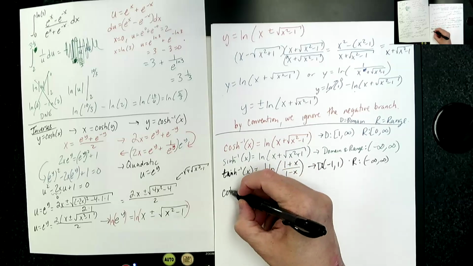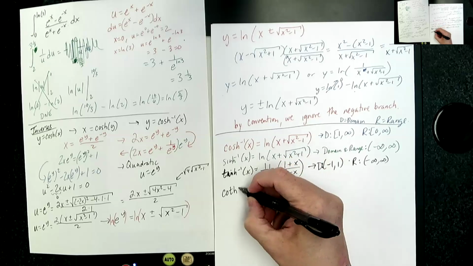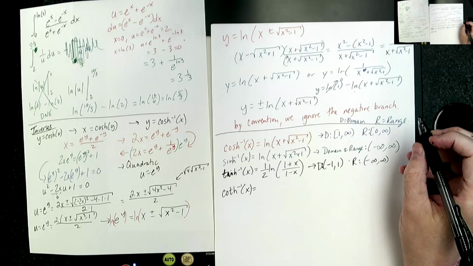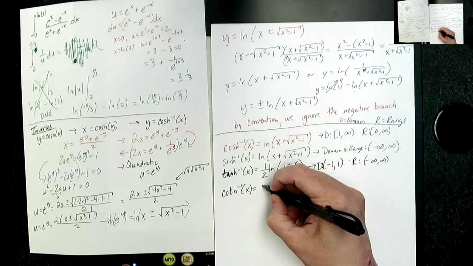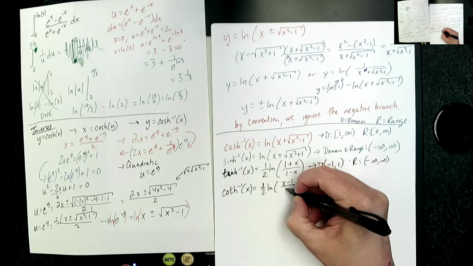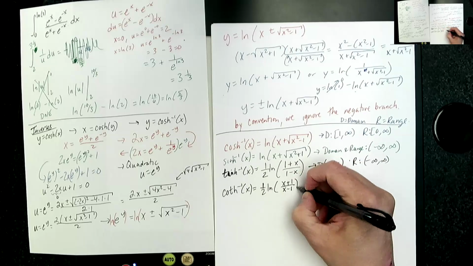Coth inverse, or the 1/tanh inverse, looks very, very similar to the tangent. In fact, it's x plus 1 over x minus 1.